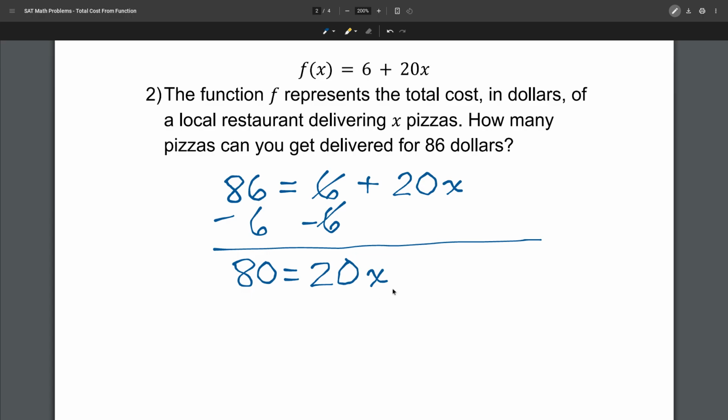Now we want to solve for x, which is the number of pizzas, so we're going to divide both sides by 20. 20 divided by 20 is 1, and we're looking for 1x, which we can just write as x. And then 80 divided by 20 is 4. So we can get 4 pizzas delivered.